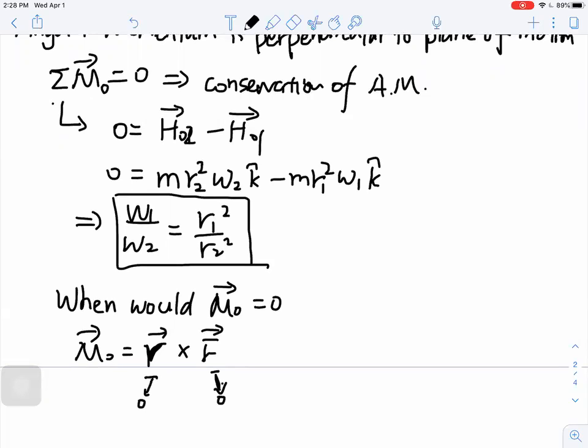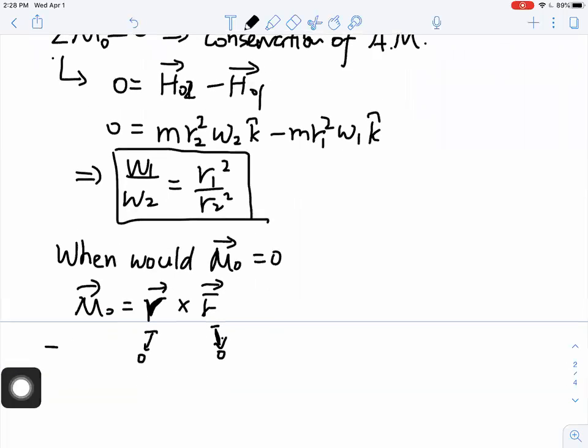If the force is equal to 0, that's a very simple, easy way to tell. But in most of the example problems, the sum of the forces is probably not equal to 0. However, this R, the distance from the force to the fixed point, is equal to 0. Let's draw this. If this is the fixed point O, and the distance between the force and the fixed point is 0, that means your force is passing through the fixed point.